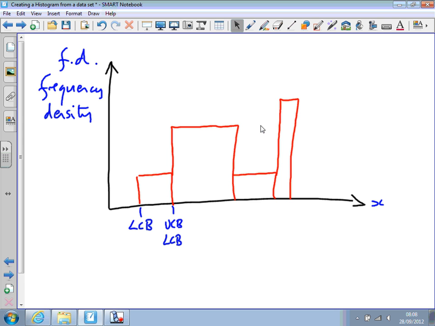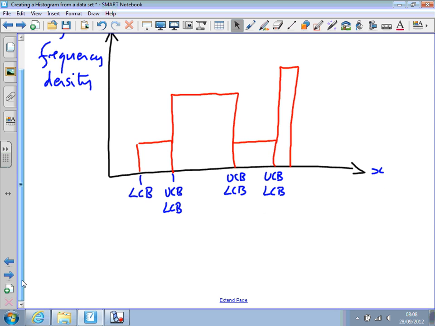So they must coincide. So lower class boundary of the next group, we then go to the upper class boundary of that group, which will form the lower class boundary of the next bar, and so on. So that's what we're going to plot on the axes.